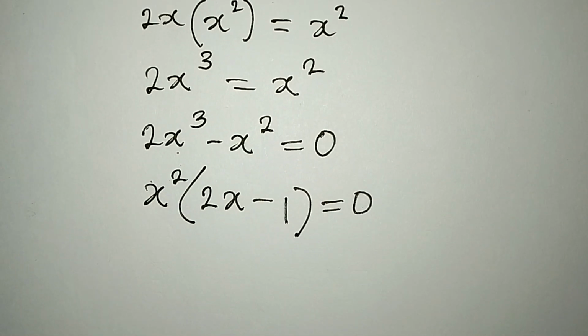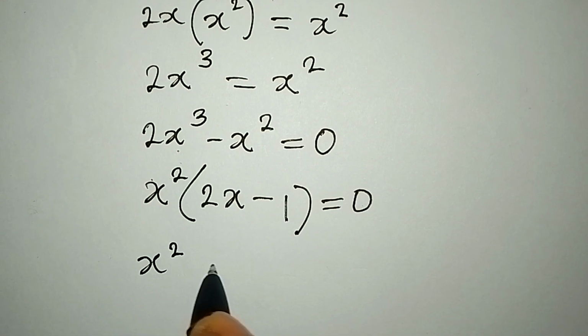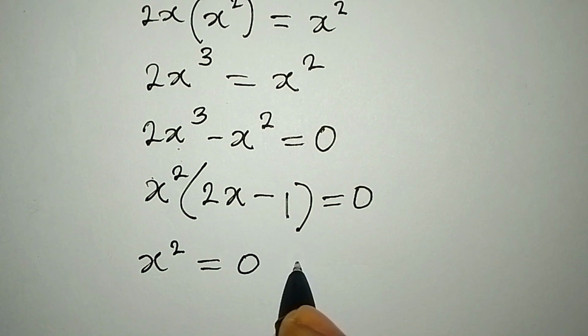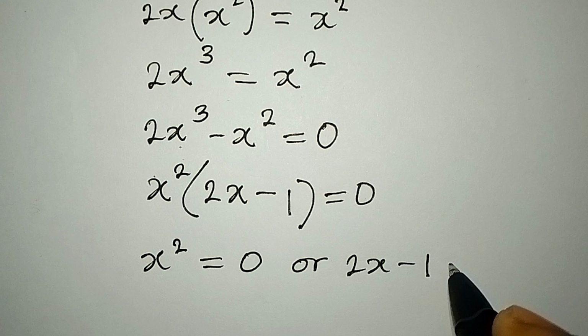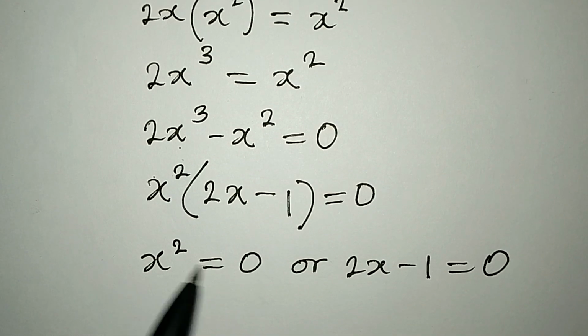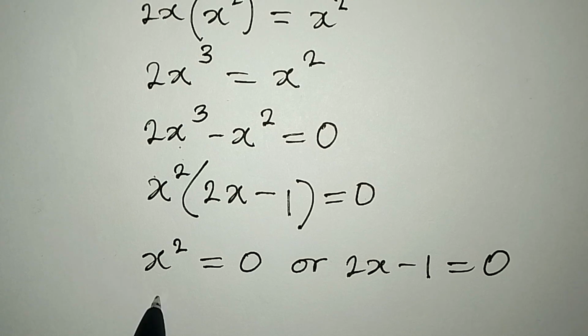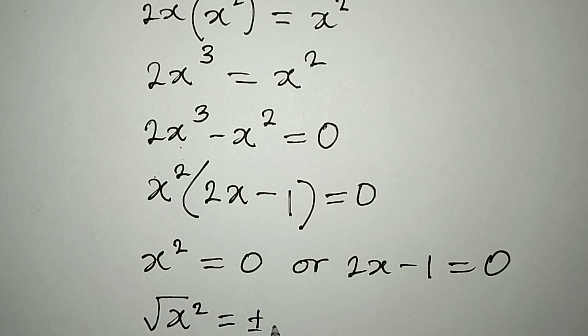Remember I said we are expected to have 3 values. Now, x squared is either equal to 0 or 2x minus 1 is equal to 0. From here, to get the value of x, we'll take the square root of both sides, plus or minus square root of 0.